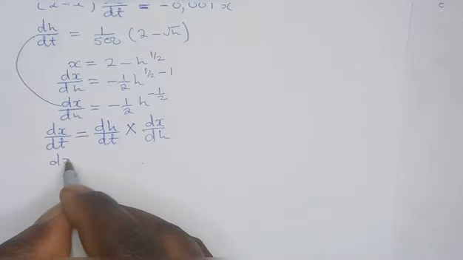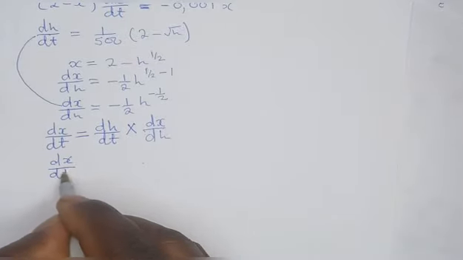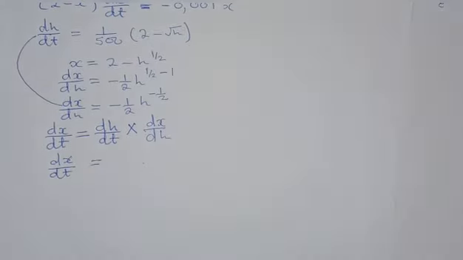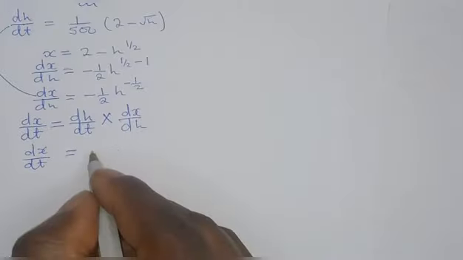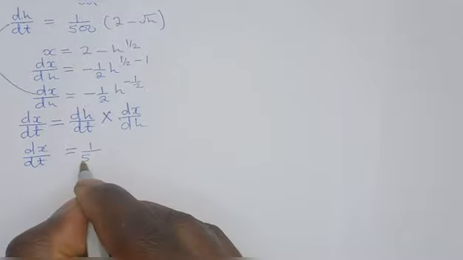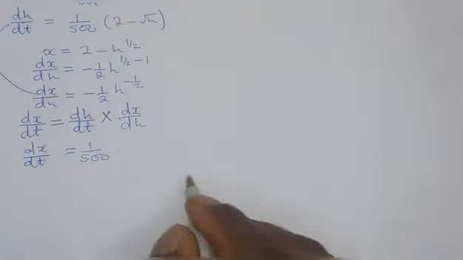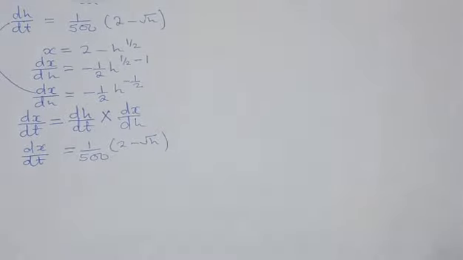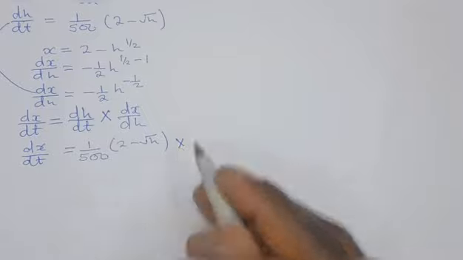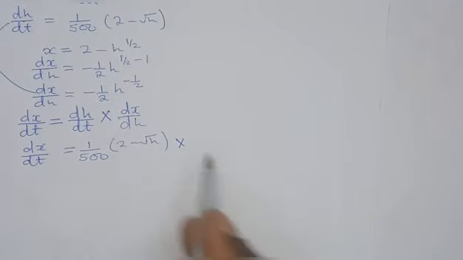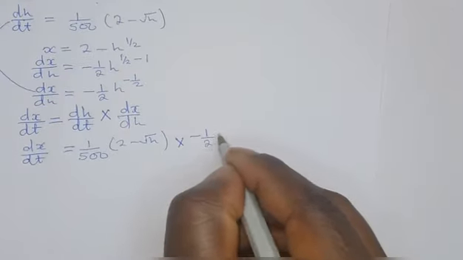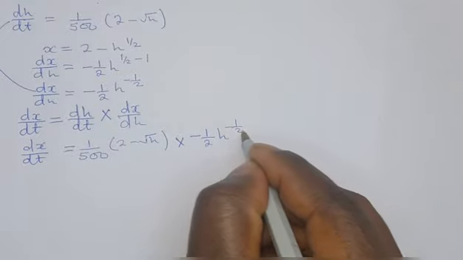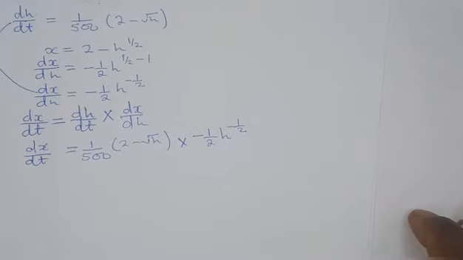So it comes out as dx over dt is equals to dh over dt, the answer we got in part 1, which is 1 over 500 times 2 minus root h, times dx over dh, which is minus 1 over 2 h to the power of minus half. I hope you are following.